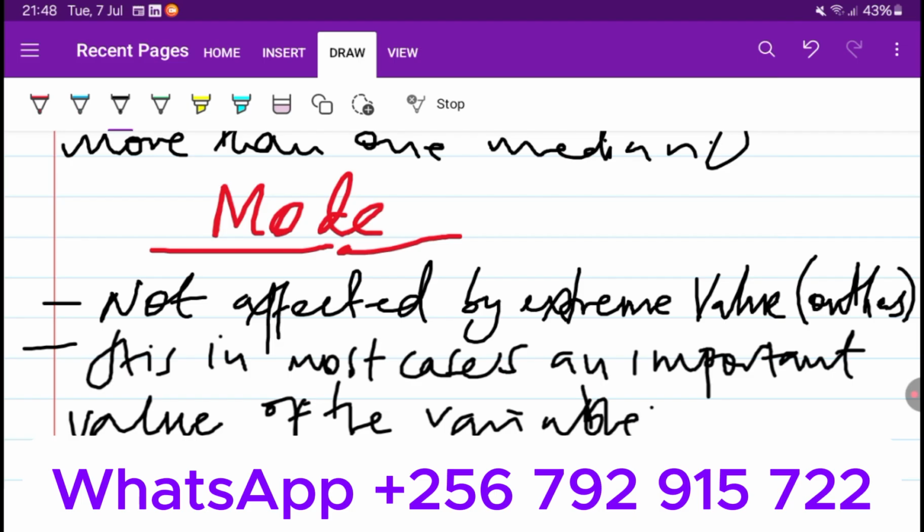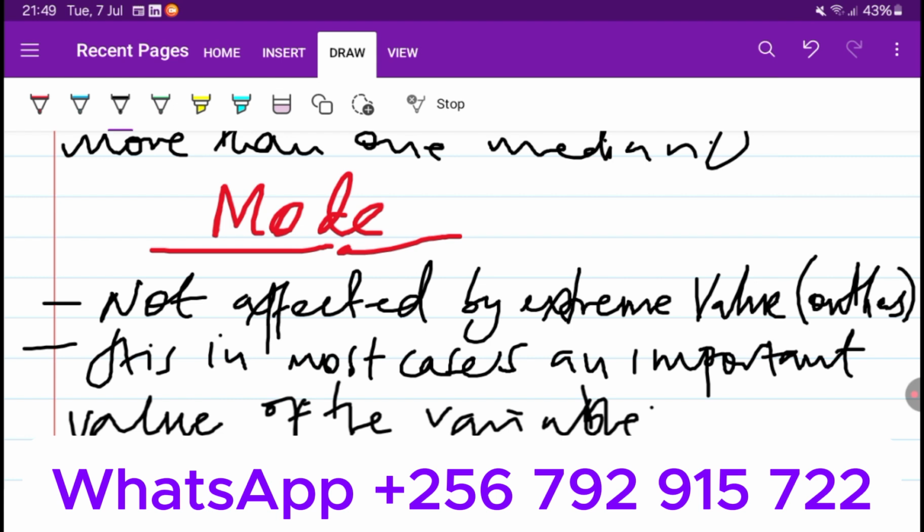Of course, when you look at the mode, it is the number that appears very many times. For instance, if I'm analyzing the age of students, and I find that most of the students are aged 21, then 21 will be a very important value in that distribution, because it will be a benchmark for me to make a decision about the age of the students. So that's why we are saying that in most cases it is an important number.